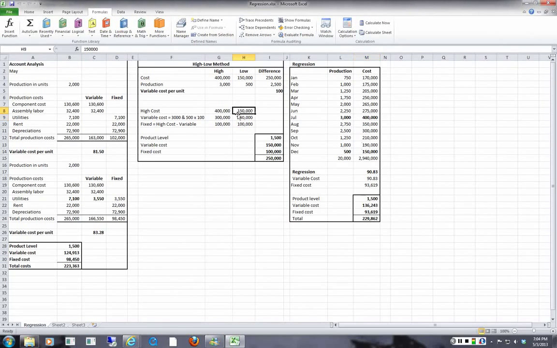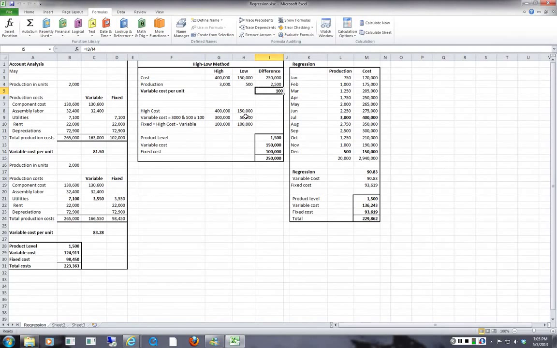The difference between the $400,000 and the $150,000 is $250,000 in costs. The associated units of production is 3,000 for the high and 500 for the low. So the difference between those two is 2,500. Now we divide the 2,500 into the 250,000, and we come up with a variable unit cost of $100.